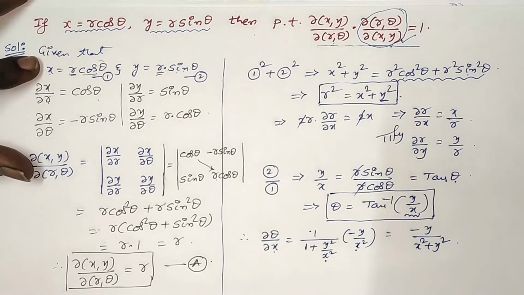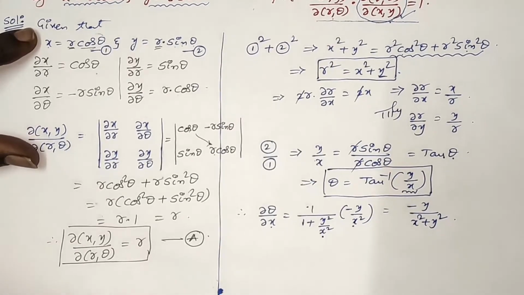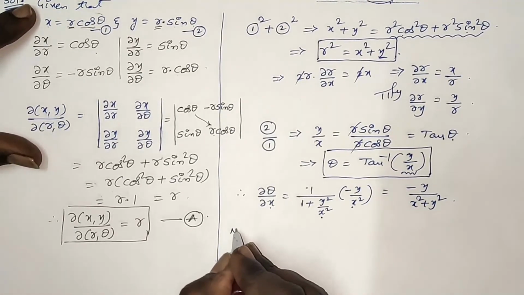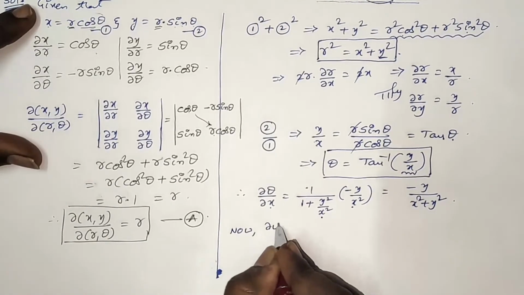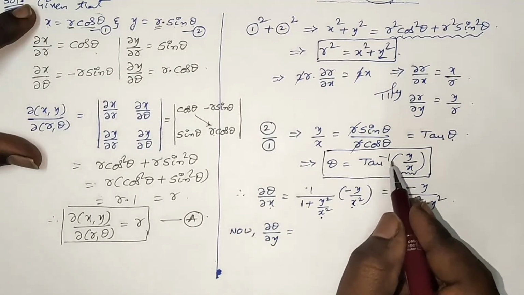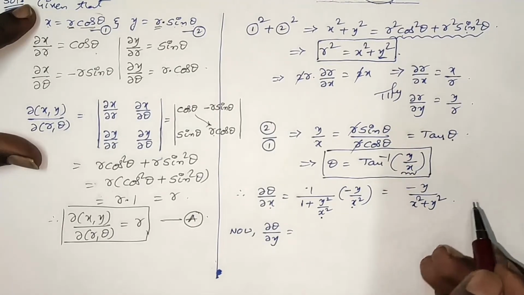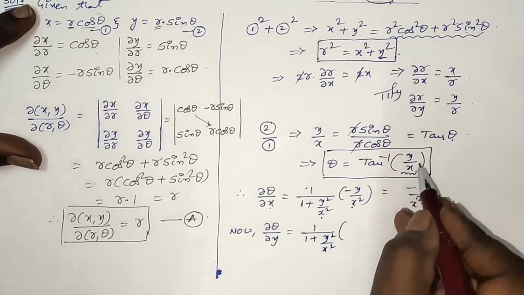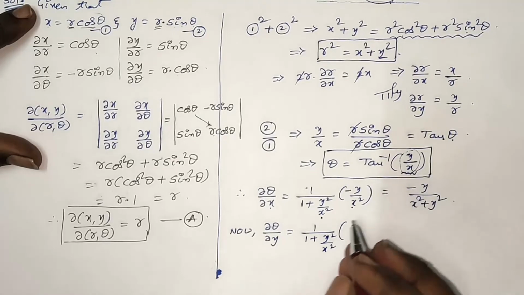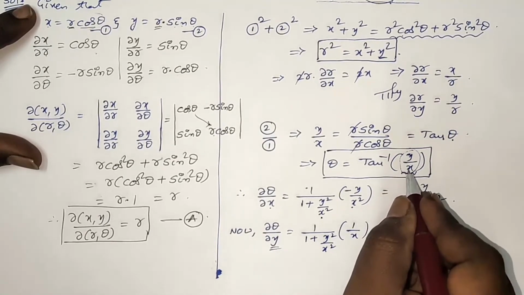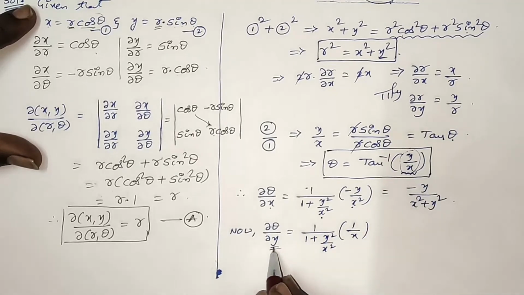Okay. Now we have to calculate partial differentiation of theta with respect to y. Dou theta by dou y. Here also, first write the derivative of tan inverse of x, which is in the form of 1 by 1 plus x square. So you will get 1 by 1 plus y square by x square whole into, now internal derivative for y by x with respect to y is 1 by x, because 1 by x is the constant term when we are taking the partial derivative with respect to y.